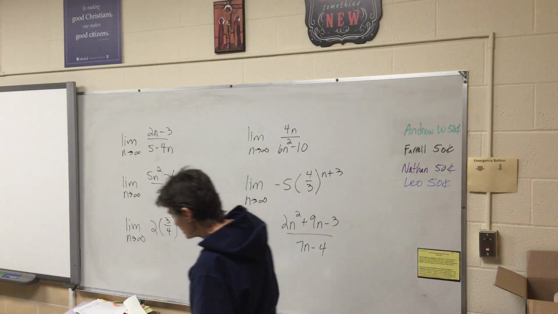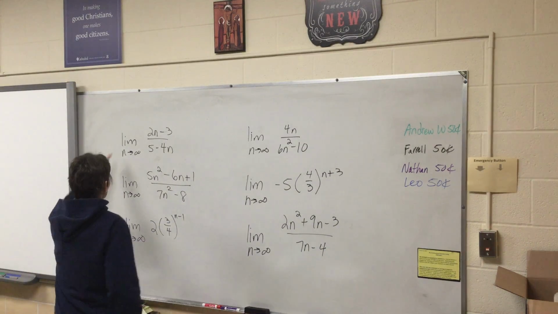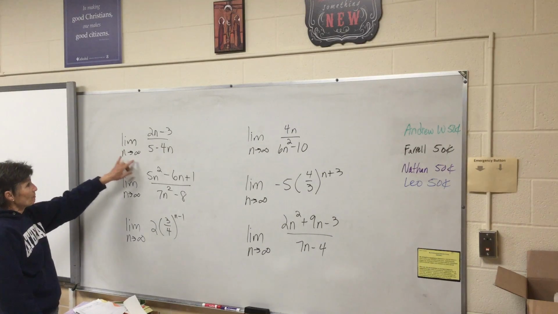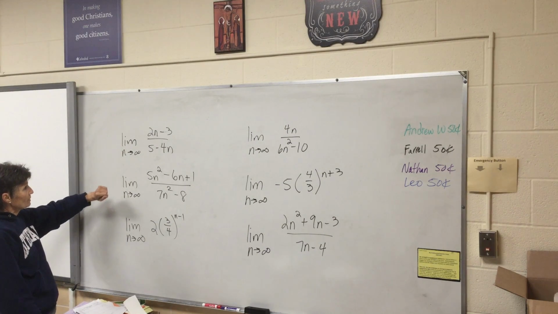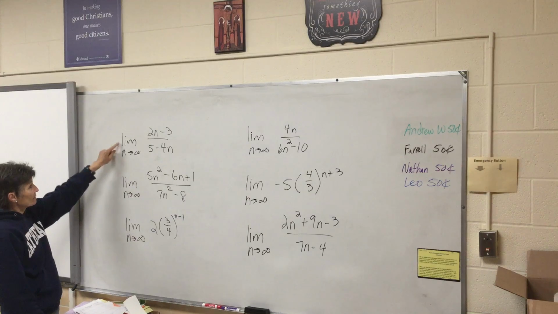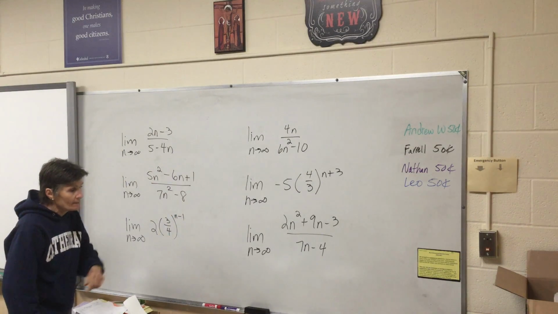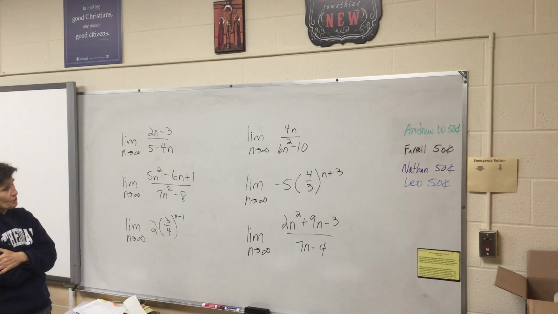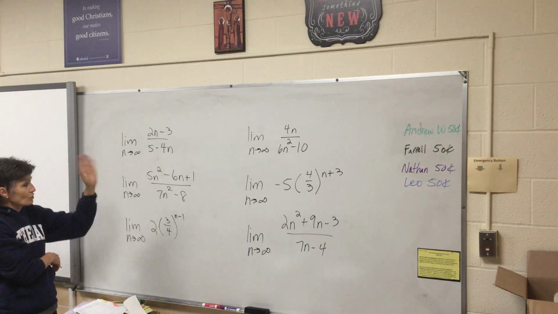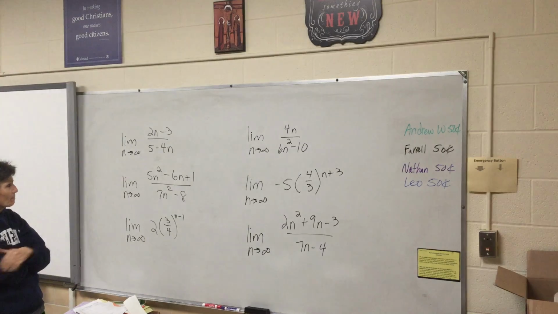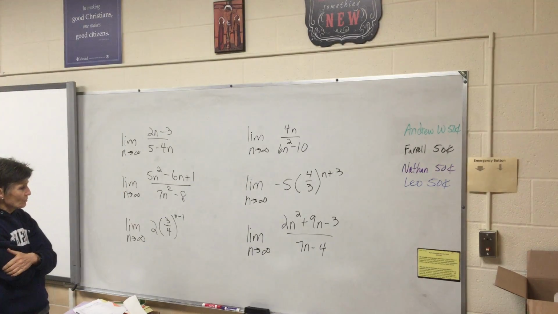Remember, this notation means we're finding the limit as n approaches infinity. That's the way we write that. And that's all we're doing. Again, when you're a calculus student, you'll find limits as n approaches all kinds of things. But right now, we're just going to infinity.